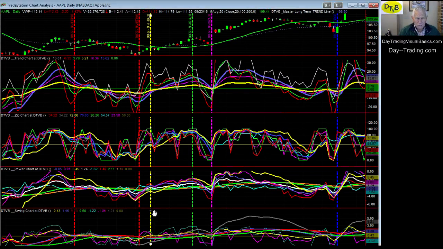So, and I'm not going to go into the others. There's examples in both the power and the swing chart. I don't even have the price chart on this chart right now. So that you can see the difference between the first red line that was a BOC lower.